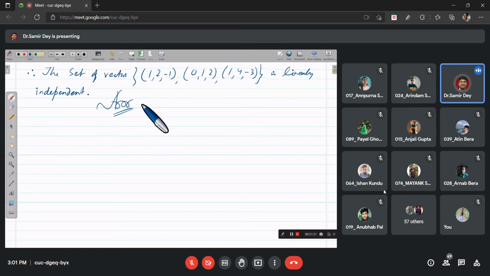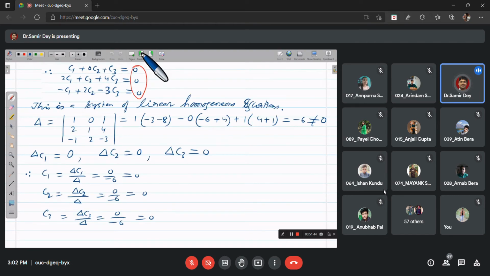Is it clear or not? Please show the previous slides. Definitely. Anyone, any doubt about the calculation? The part is clear. How to check the linearly independent part?